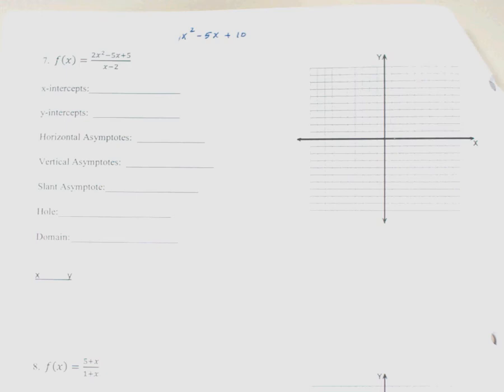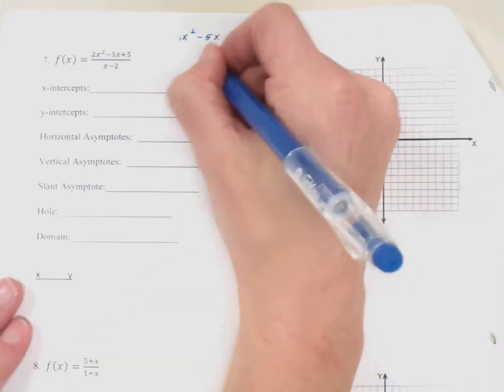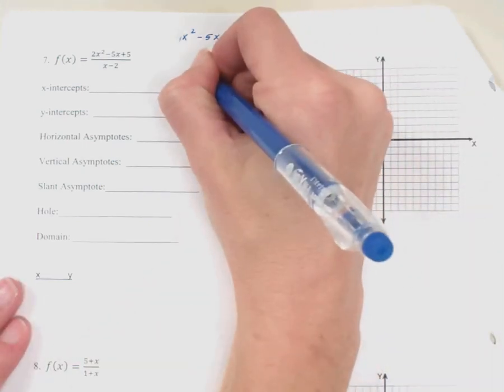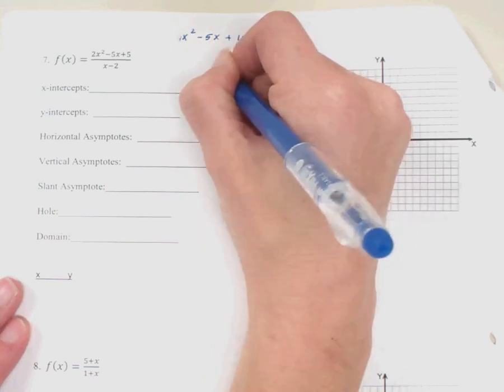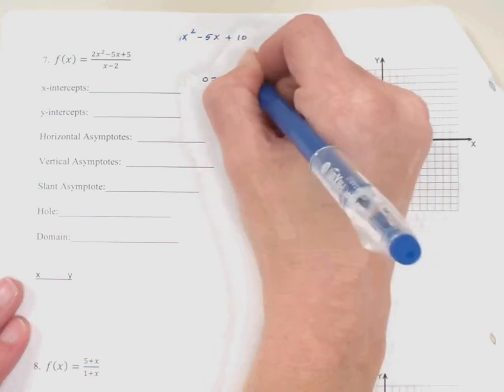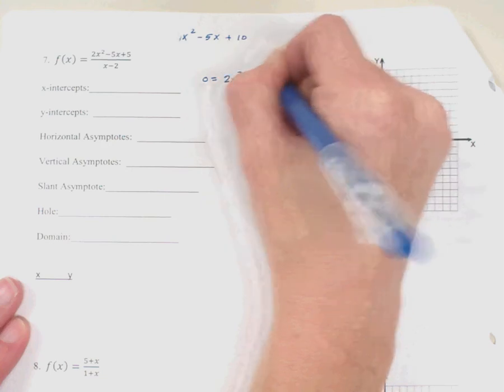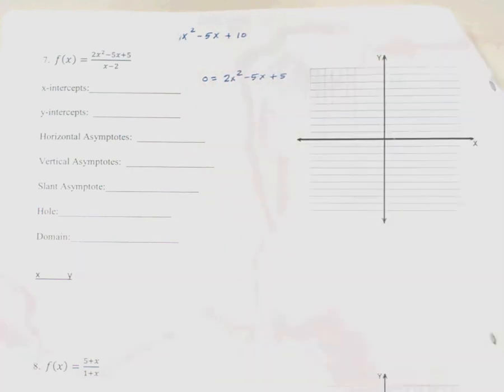So the first thing I'm going to look at are my x-intercepts. For my x-intercepts, I set the numerator equal to 0. So 0 equals 2x squared minus 5x plus 5. But we just said that this cannot be factored.